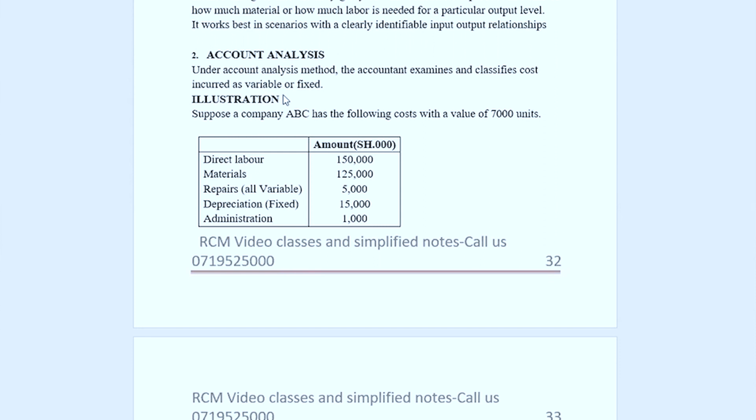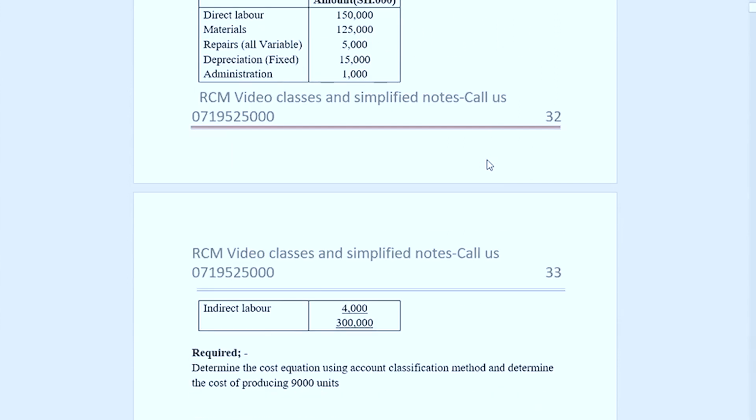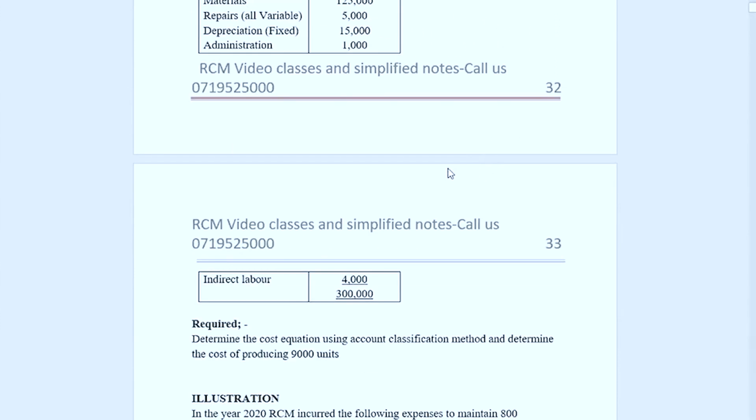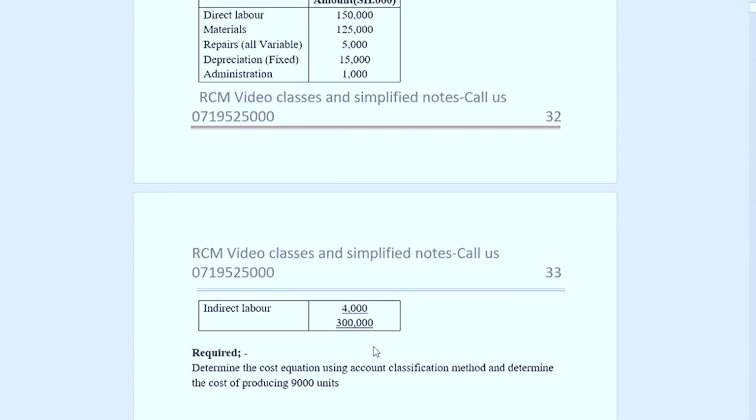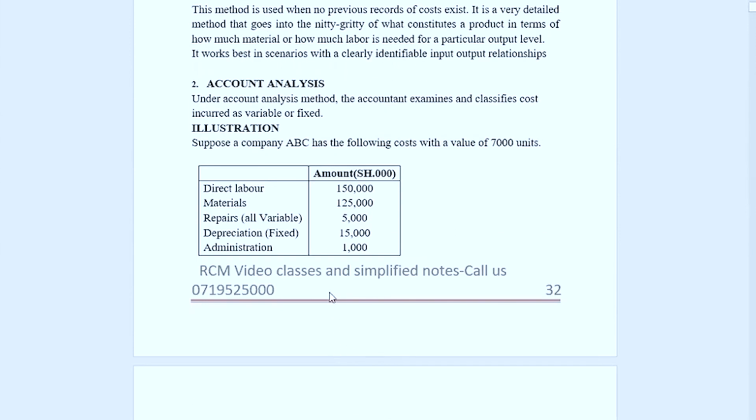Suppose a company ABC has the following costs incurred for producing 7,000 units. They want us to determine the cost equation using the account classification method and determine the cost of producing 9,000 units.